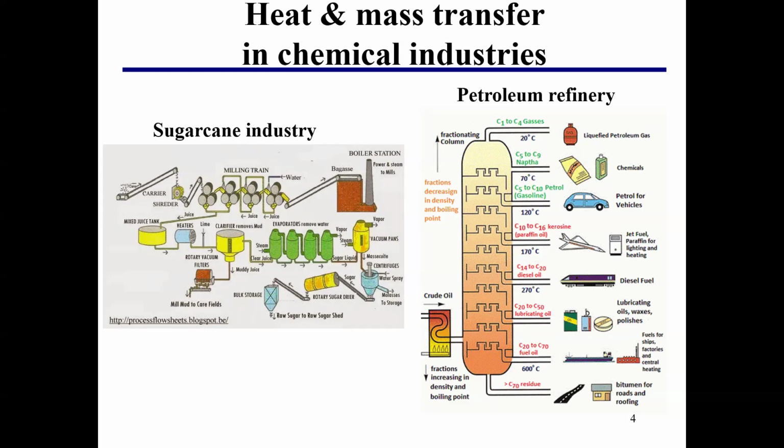And the sugarcane industry is a classic example of a process industry. With this example, I would like to show you the importance of heat transfer and the number of heat exchange equipment that are involved in process industry.